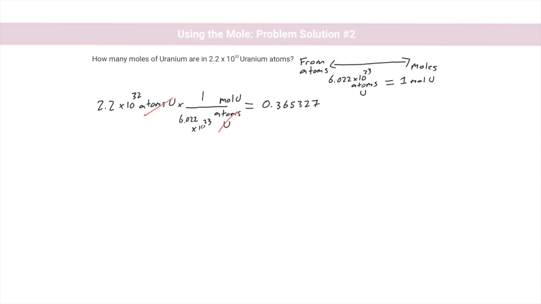We're doing division with scientific notation. That means we're going to subtract our exponents. 32 minus 23. And that's going to give us 9.